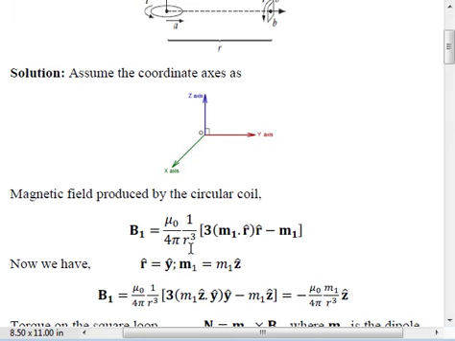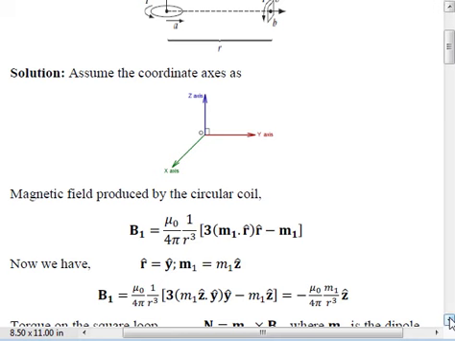B1 is equal to mu 0 by 4 pi into 1 by r cube into 3 m1 z cap dot r cap, which is y cap, minus m1 z cap. Now z cap dot y cap is 0, so this term will be 0. The remaining will be minus m1. So it is minus mu 0 by 4 pi m1 by r cube into z cap. So the magnetic field produced at the position of the square loop by the circular loop is in the negative z direction. Now this magnetic field produces a torque on the square loop.